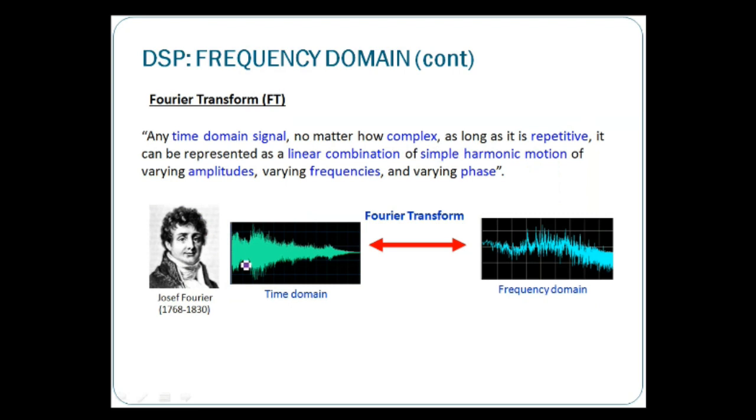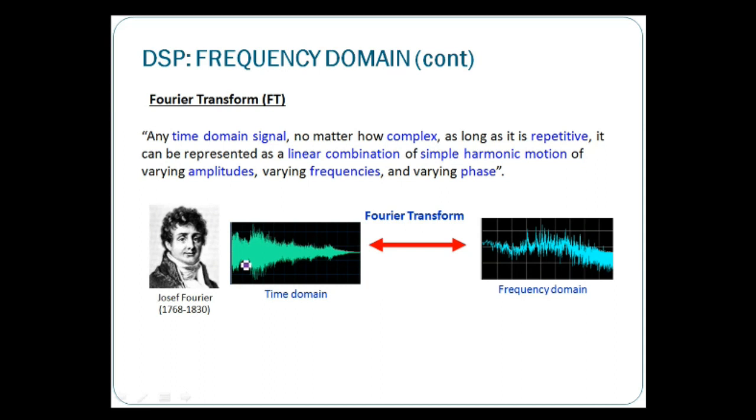So Fourier transform, if you want to transform your time to frequencies, then Fourier transform is used. If it's analog, you use Fourier transform, and any time domain signal, no matter how complex, as long as it's repetitive, can be represented as a linear combination of simple harmonic motions of varying amplitude, varying frequency, and varying phase.